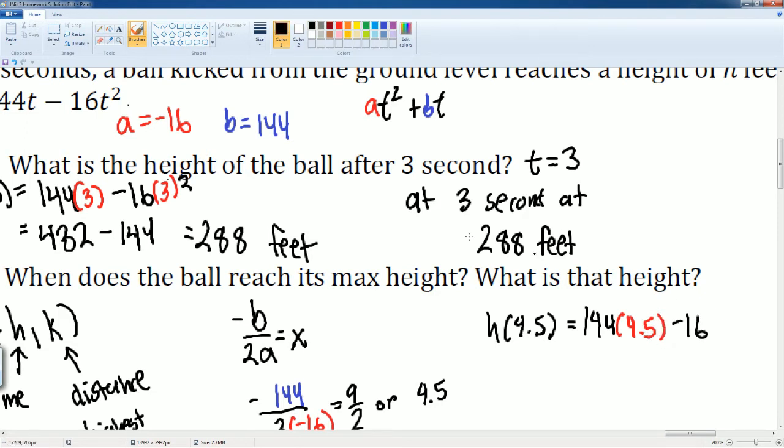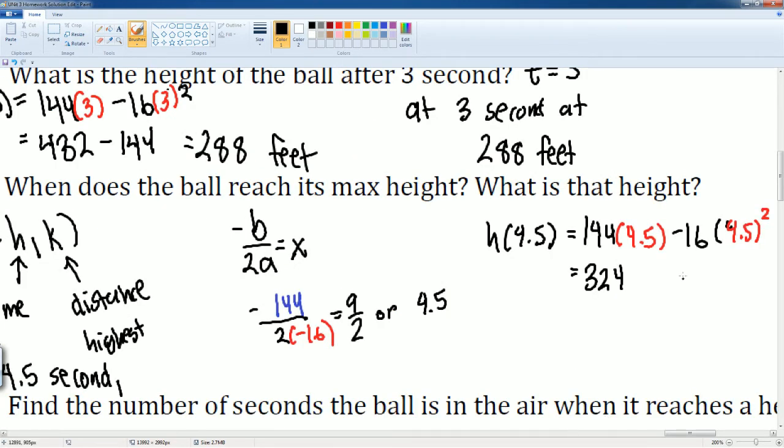So it's 144 times 4.5 subtract 16 times 4.5 squared. All right, this gets you 324 feet.